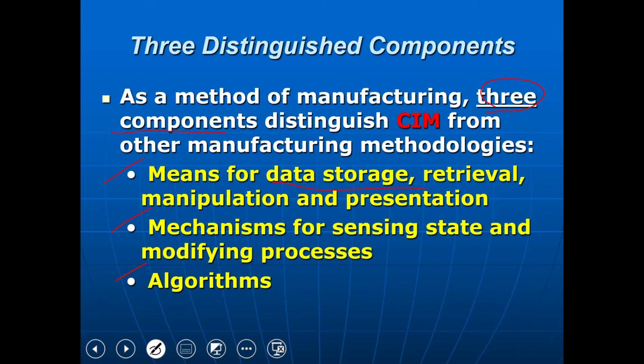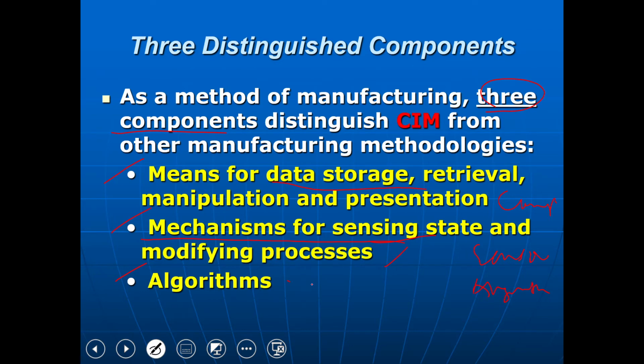And then mechanism for sensing state and modifying process. So in CIM they have this element, sensing, to make automatic adjustment or automatic action for the next process. They use sensors, and then process data from the computer: data, sensor and algorithm.